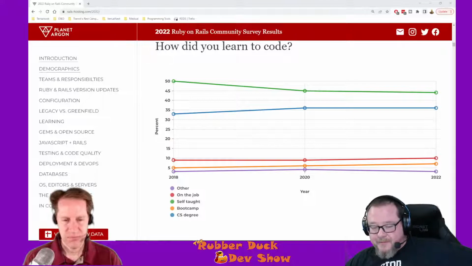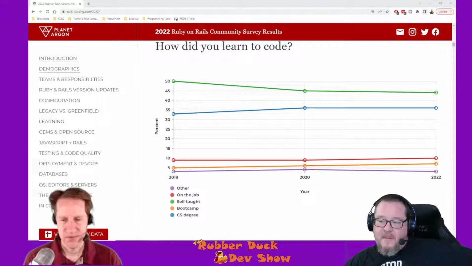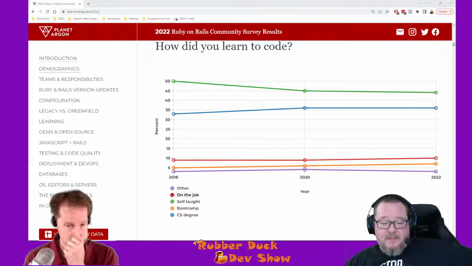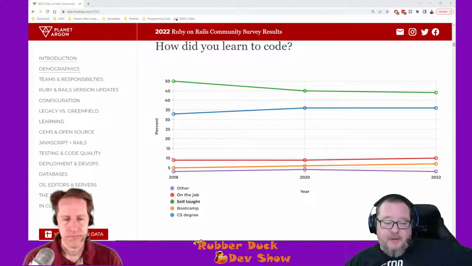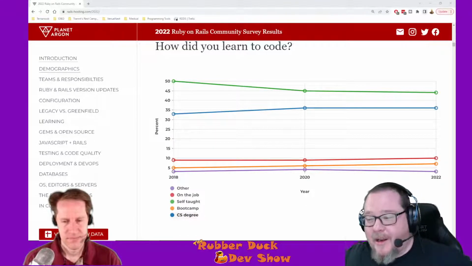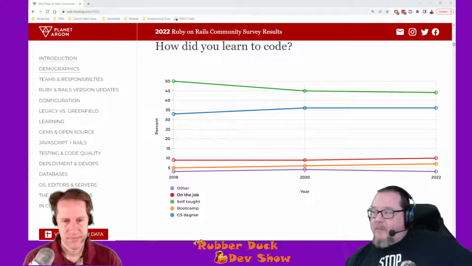I think by boot camp they're probably referring to these establishments where you go for 3 to 6 months for an intensive boot camp and then you go and get a job. If that's the case, I'm not in that camp. Most of it's just self-taught and on the job. I certainly didn't learn Ruby in my CS degree because Ruby didn't exist when I was in college, but I learned a lot of programming there.